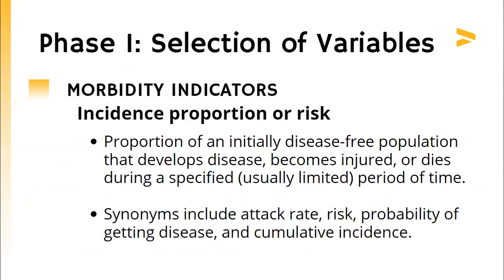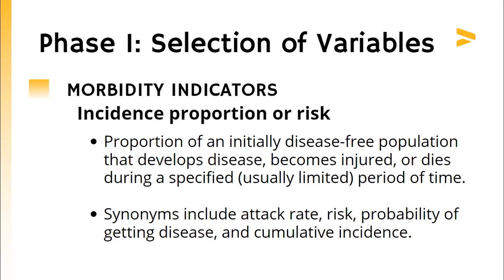We have what we call incidence proportion or risk. This refers to a proportion, so take note, class. What do we mean by proportion? We compare a subset, a particular portion, to a particular whole.